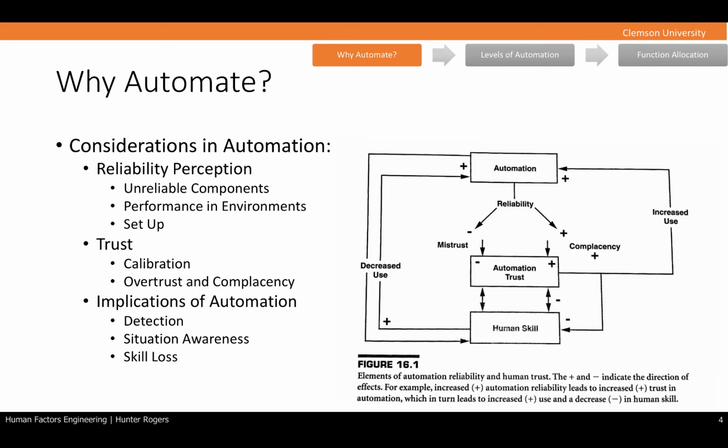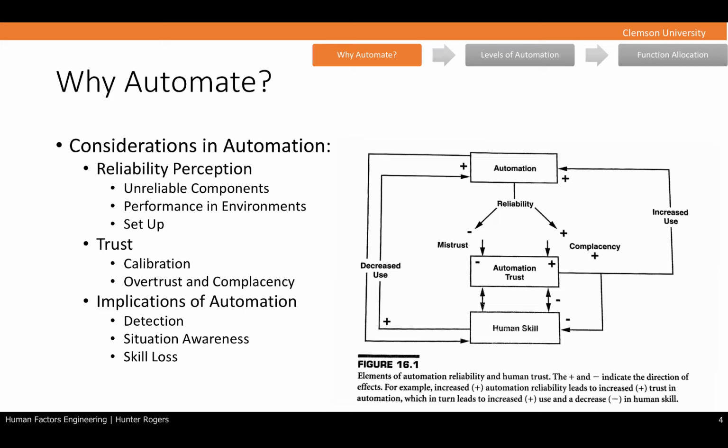And that caused some issues. So we need to make sure that when we're creating an automated component in a system, we calibrate people's trust in that system correctly.